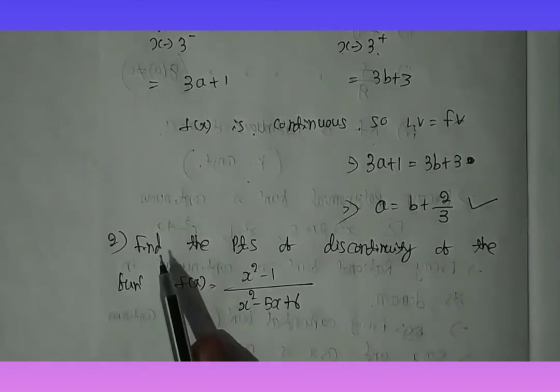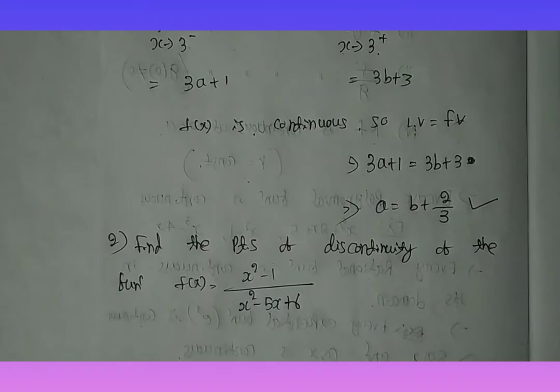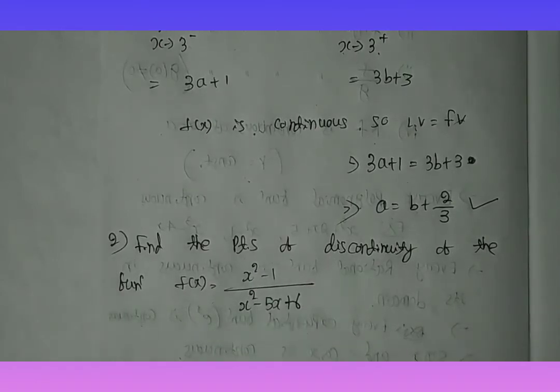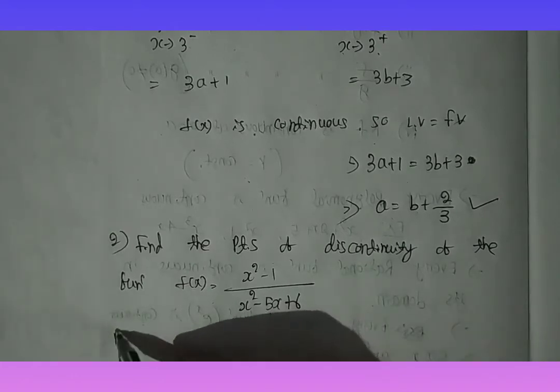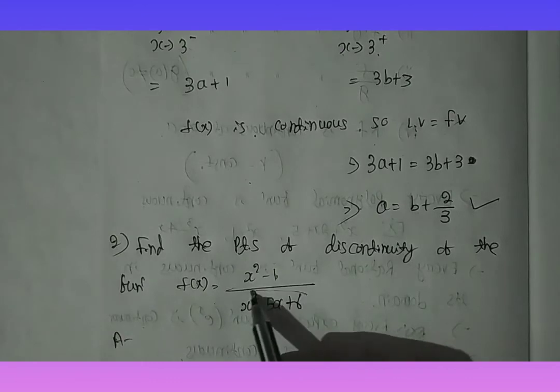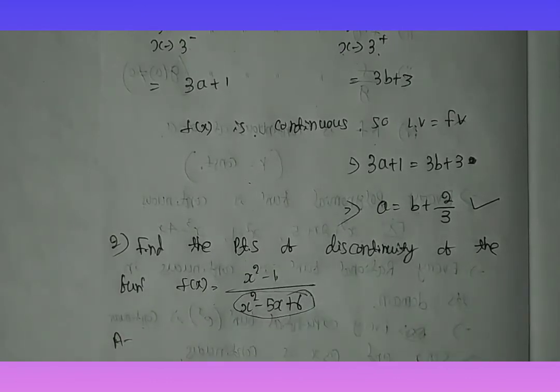Next question, find the points of discontinuity of the function f of x equal to x square minus 1 divided by x square minus 5x plus 6. How to find? This function is discontinuous when the denominator is equal to 0. Something by 0 is undefined.